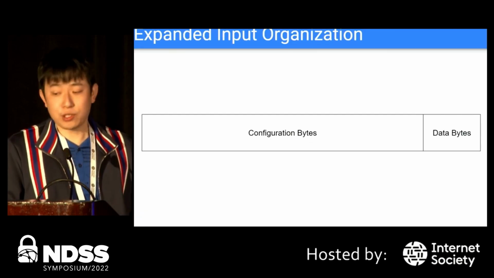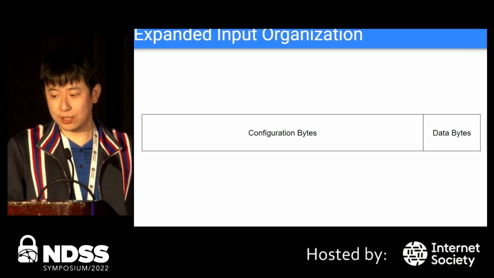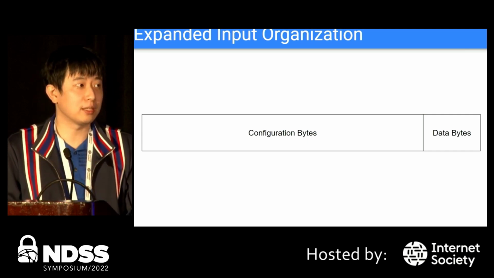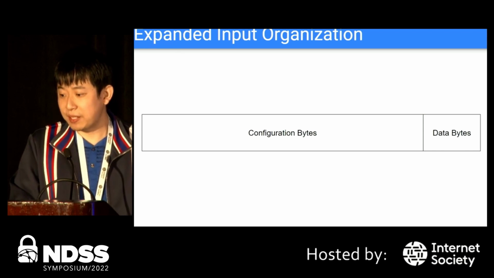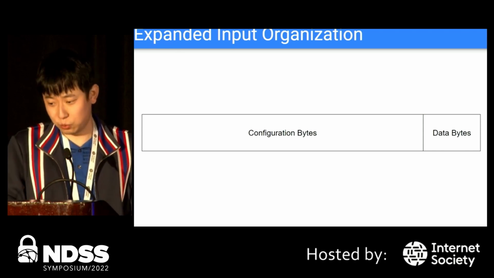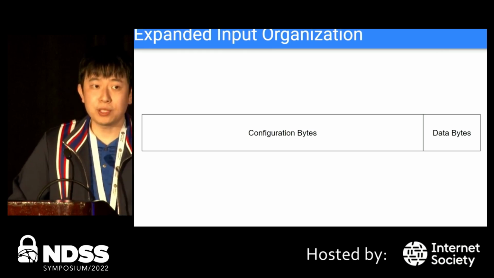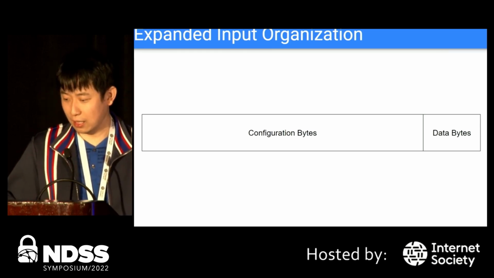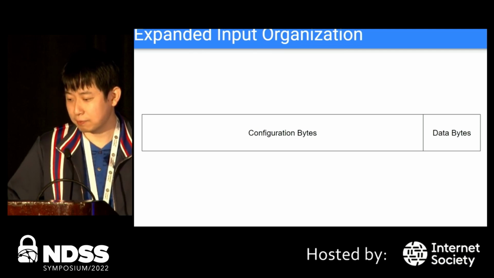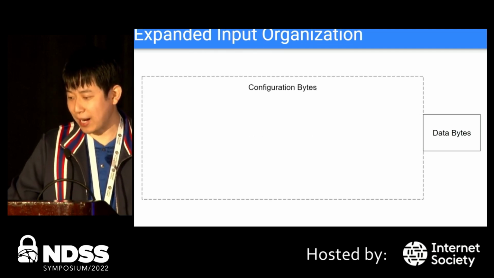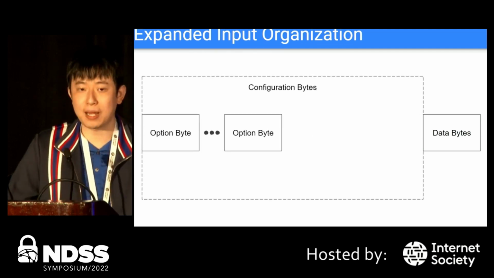While the configuration grammar tells us how we encode the configurations into the input, the expanded input organization tells us where to encode those configurations. With the input data, we divide it into 2 parts, configuration bytes and data bytes. In the configuration bytes, we first have a few option bytes.